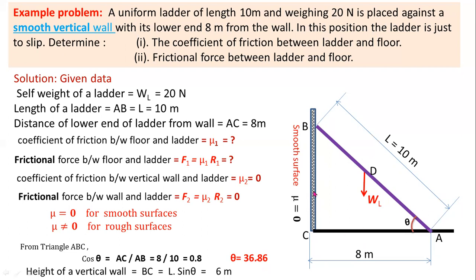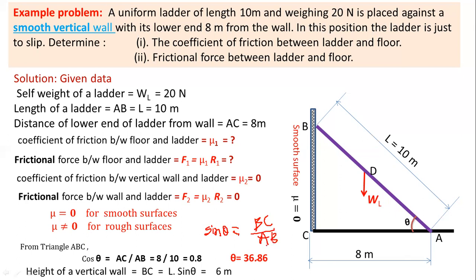From this condition you have to determine the height of the vertical wall BC. Sin theta equals opposite side by hypotenuse. Here the opposite side is BC, and the hypotenuse is AB.